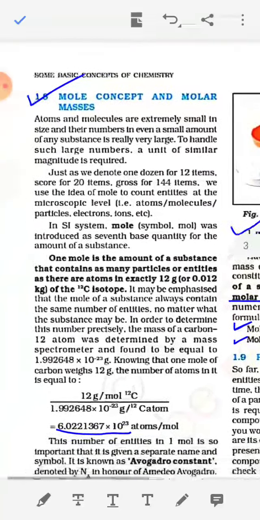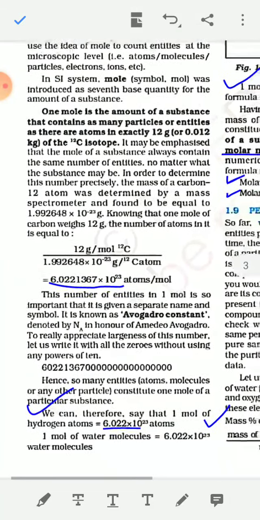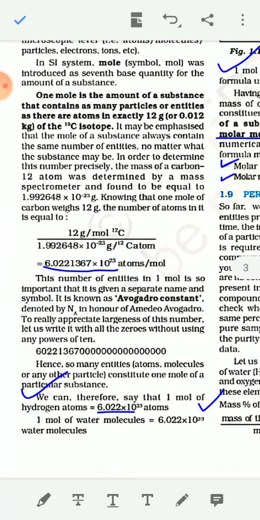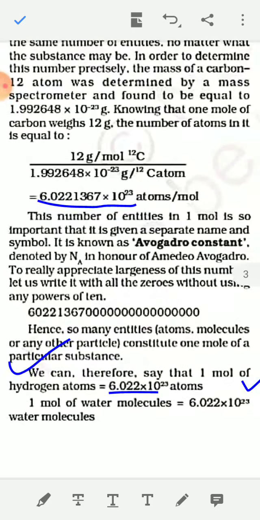Similarly, 1 mole means 6.022 into 10 to the 23. Okay, so we can say 1 mole of hydrogen atoms means 6.022 into 10 to the 23 hydrogen atoms. Similarly, 1 mole of oxygen atoms means 6.022 into 10 to the 23 oxygen atoms.